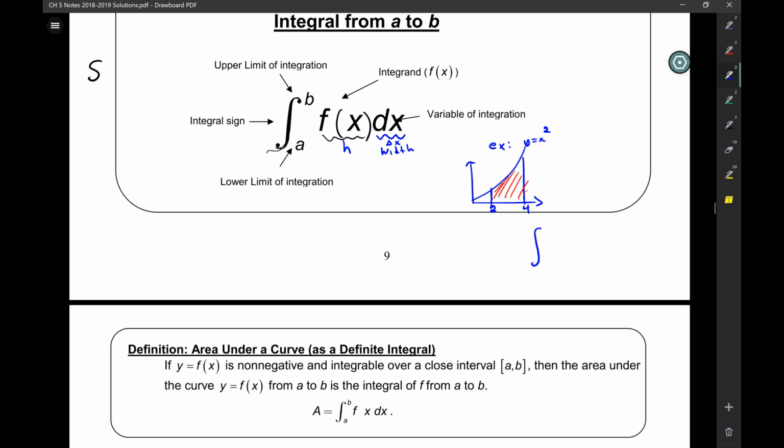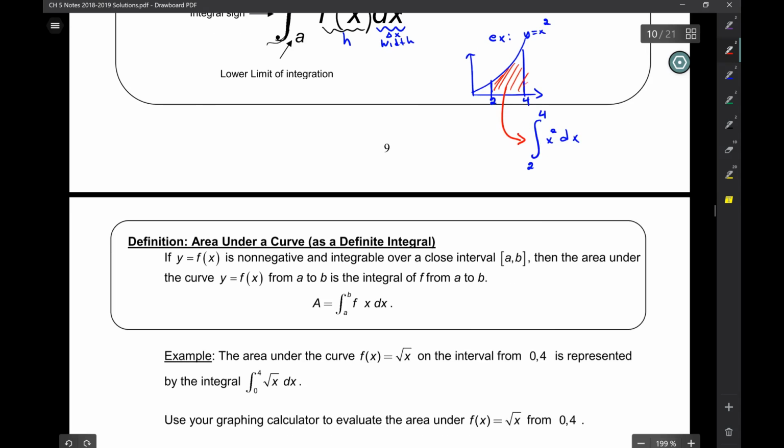What's the height of the rectangle? If that function is y equals x squared, what's the height? X squared. The width is delta x, dx. And I'm going from 2 to 4. So that collection of symbols is that shaded area. All right, so that's a definite integral.